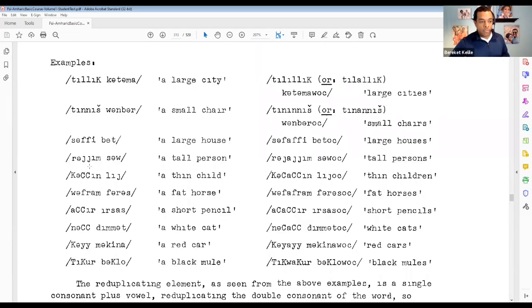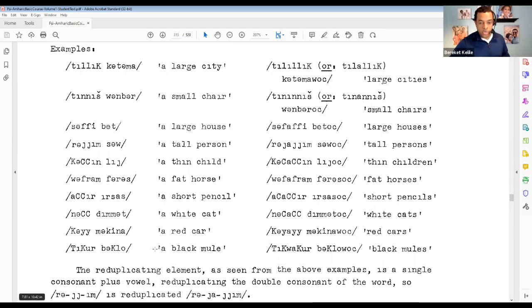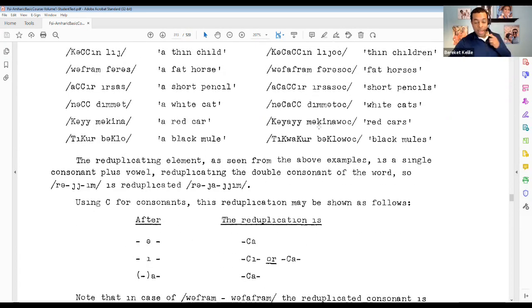And even after like dekor, it takes the vowel, dekwakor, but tiluk, which follows the same vowel, and tinish just stays with that vowel. So tiluk, tililuk, tinish, tininish. So that's the pattern that I noticed.